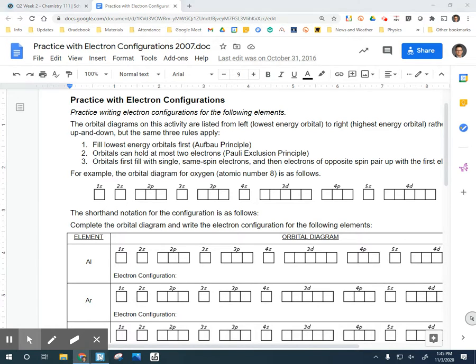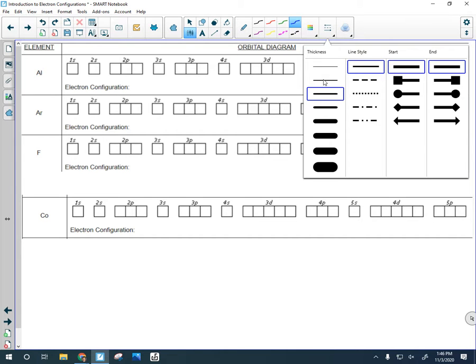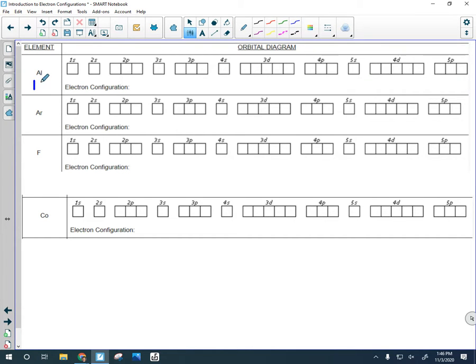So let's take a look at what that would look like for aluminum. This is going to be our first example. With all of these, the first thing you need to do is find aluminum on the periodic table. Aluminum is right here, atomic number 13. And so I'm going to jot down 13 so that I know how many electrons to put in the diagram.